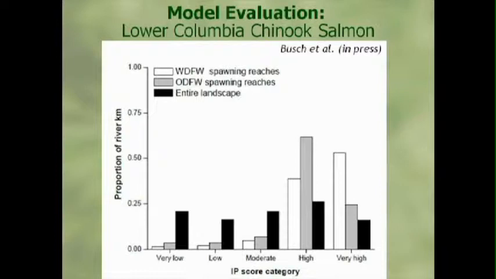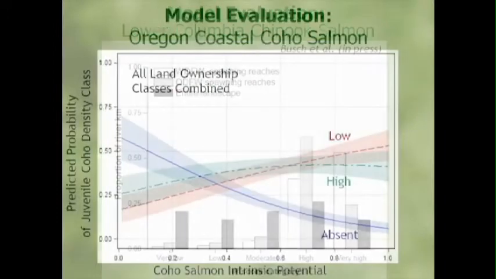You can see that those spawning reaches tend to occur in areas that were modeled as high or very high intrinsic potential, suggesting that the model is performing as one would hope.